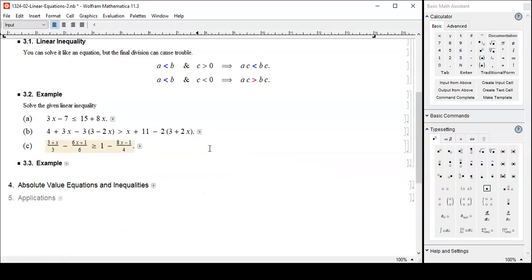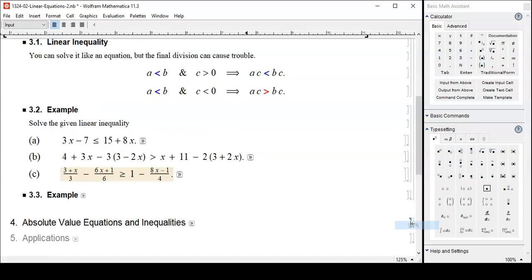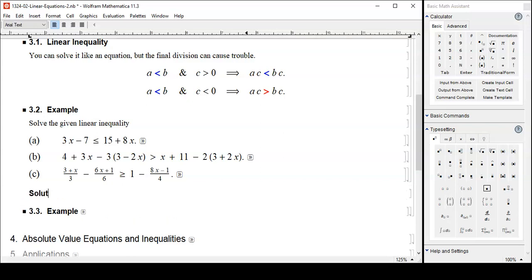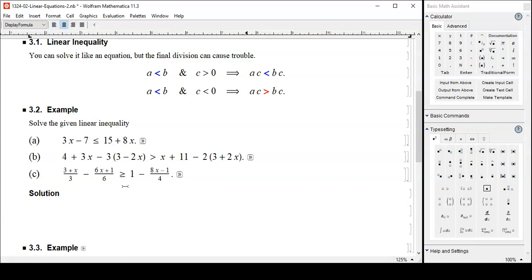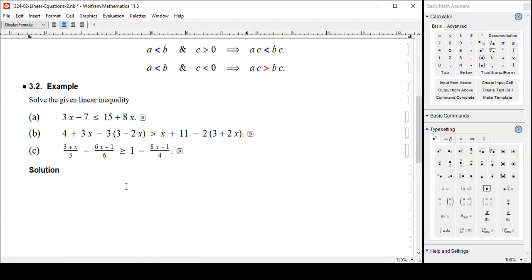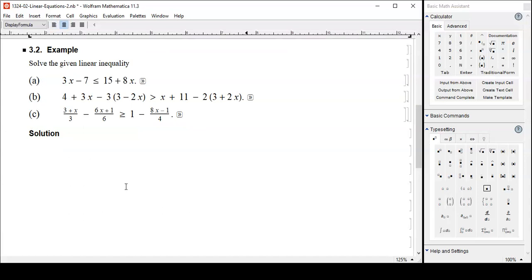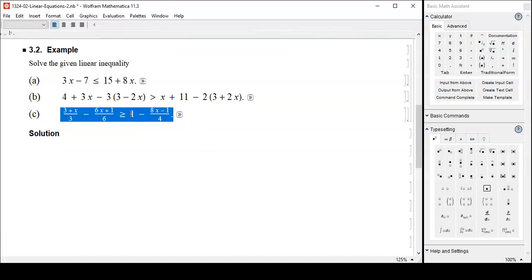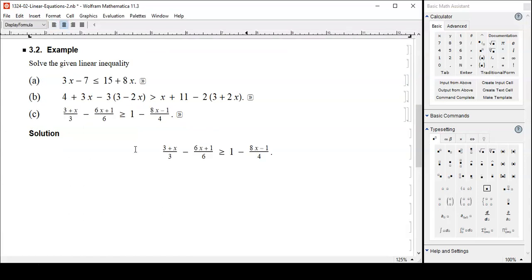Now, can you handle denominators? Maybe a little bit bigger font. Stop the playback and try on your own. Okay, is everybody done?